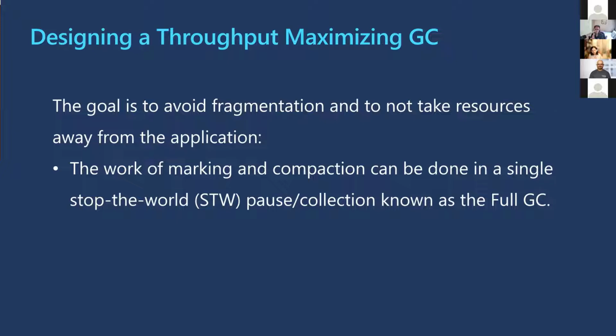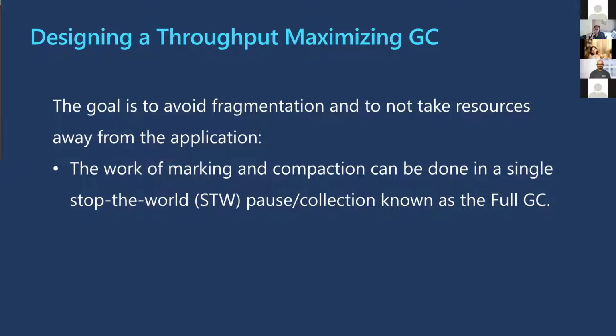So if we don't do compaction, and if you think of your heap space where live objects are scattered and there are holes of dead objects, then it could look like Swiss cheese, if you had to visualize it. And those holes give rise to fragmentation.